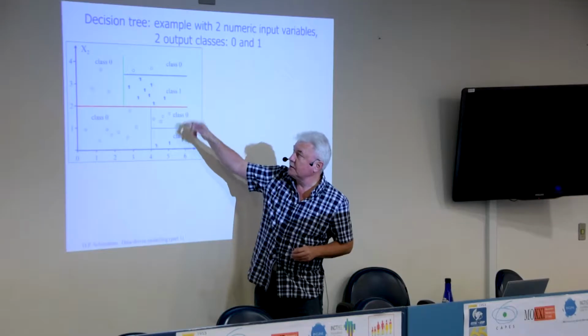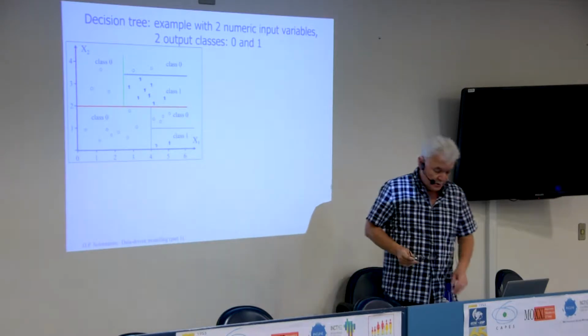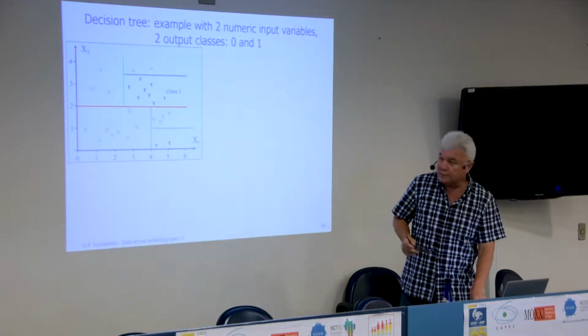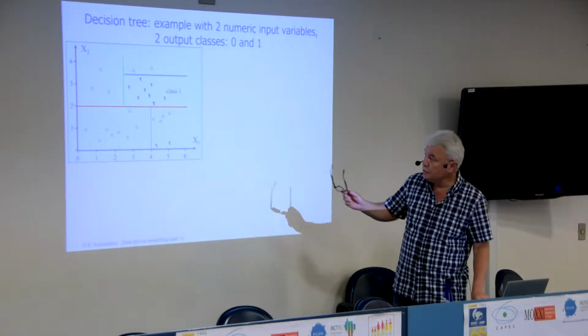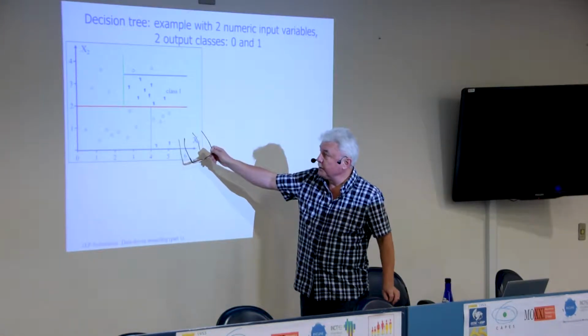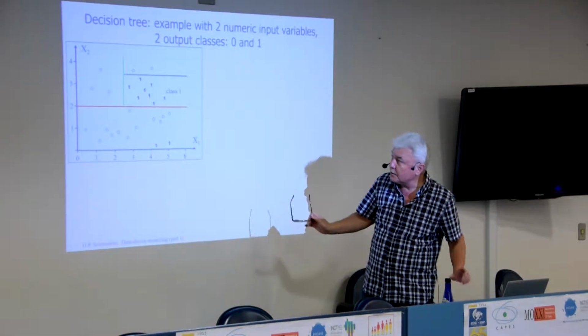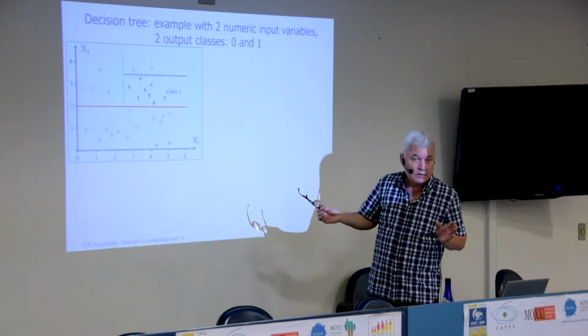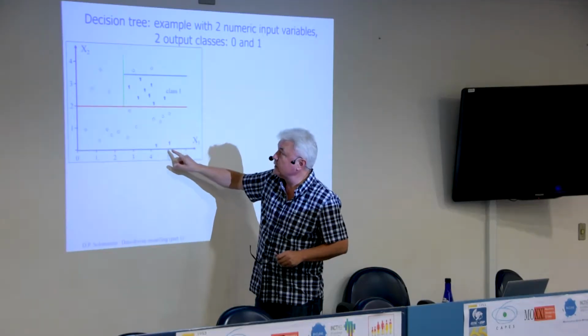Now we can say it's an overfitting model because it's absolutely accurate. We could, for example, stop here. It would give a small error here. We could have stopped also here. It would be a robust model, with a small error here because we would think this is class 0, but there are 2 examples of class 1.